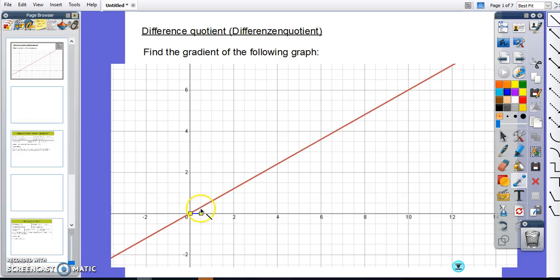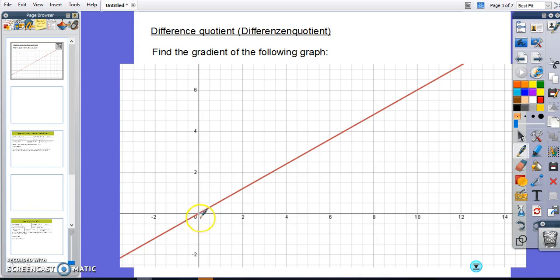I know it's kind of a fraction, but it's not really very clear to see. I can't do it very precisely. And in fact, if I go along one unit rather than just one square, it's also not very clear to see. So in this situation, we need to use a different trick.